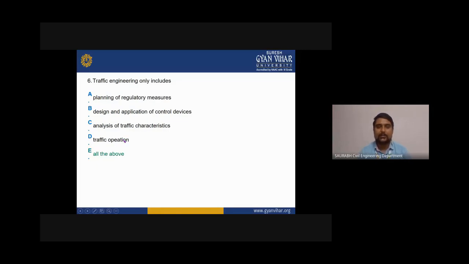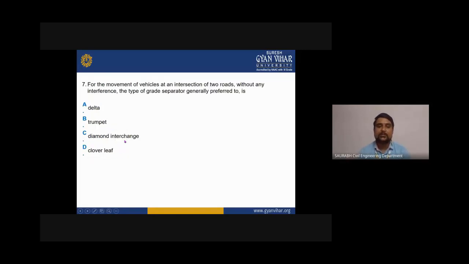This will be the answer. All these things are included in traffic engineering. Suppose you are going into the field of planning of regulatory measures, design and application of control devices, analysis of traffic characteristics, and traffic operation. All these things are included in traffic engineering.